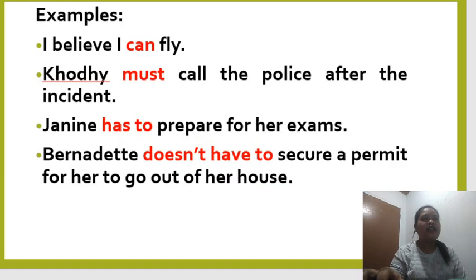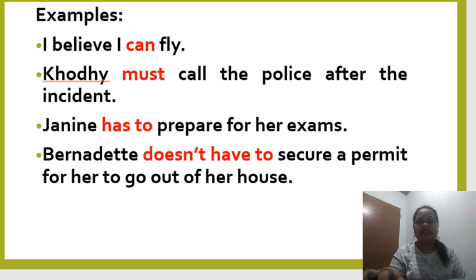So here are examples of sentences using different kinds of modals. The first example is, I believe I can fly. Number 2, Cody must call the police after the incident. Number 3, Janine has to prepare for her exams. And number 4, Bernadette doesn't have to secure a permit for her to go out of her house.